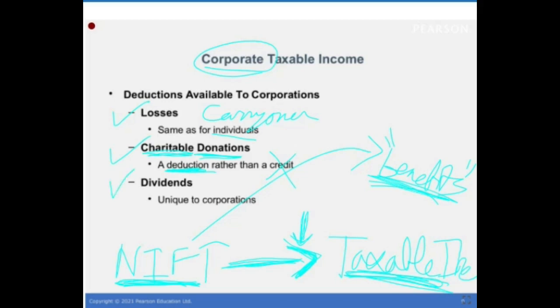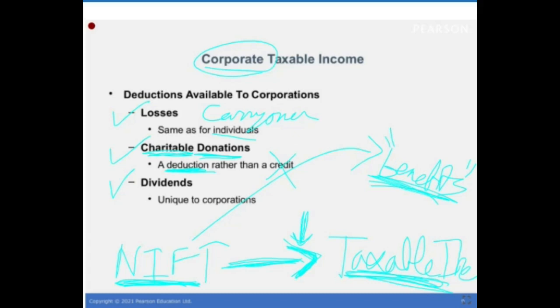Lastly, we have dividends. A corporation can receive dividend income. That dividend income often is income that has already been taxed at the corporate level. We're moving it from one corporation to another, so we're not going to tax it again in the hands of the next corporation.